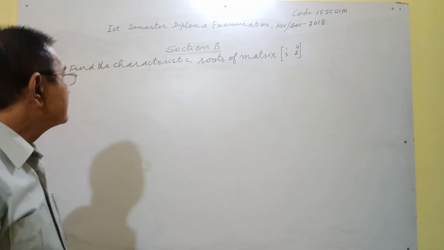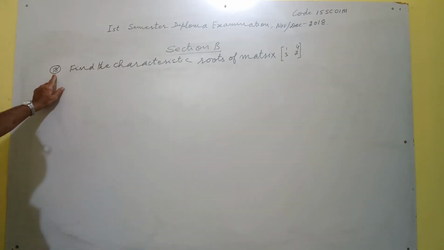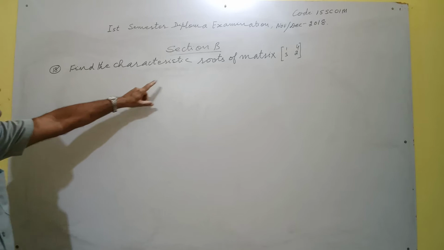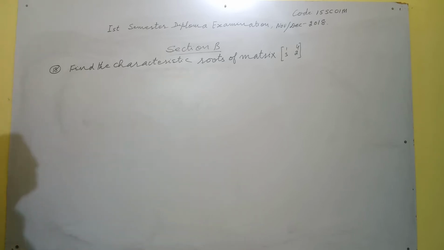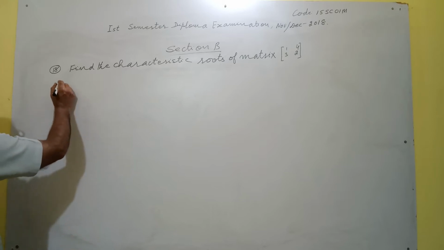Now next is sum number 18. Find the characteristic roots of the matrix 1 4 3 2. How to find the characteristic roots?